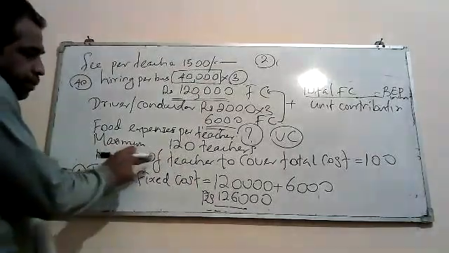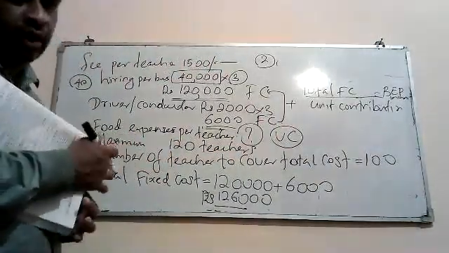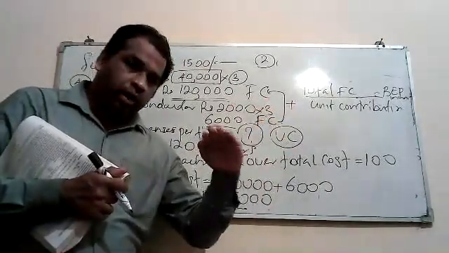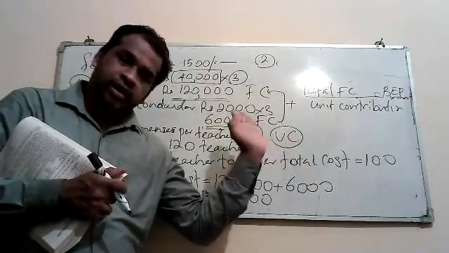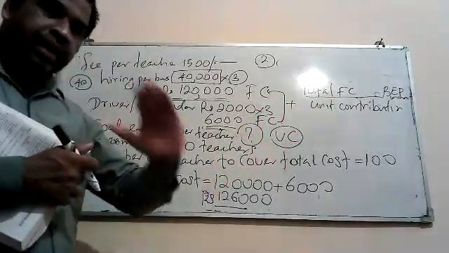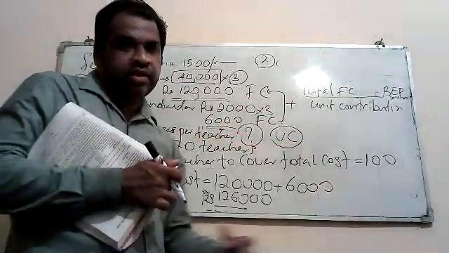Here we are given the number of teachers needed to cover the total cost. At the break even point, our total cost will be equal to total revenue. Therefore, BEP in units will be equal to 100 in this question.